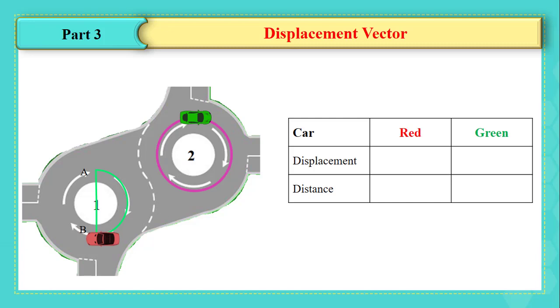The displacement of the red car is vector AB, and the distance covered by this red car is the perimeter of the circle divided by 2, whereas the displacement of the green car is equal to 0 because the final point is the same as the initial point, and the total distance covered by the green car in this case is 2πr.